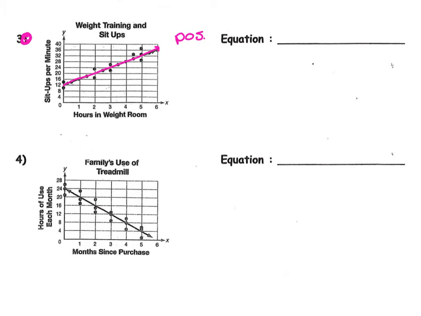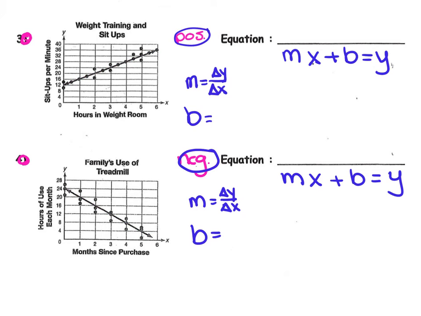But if you look at number 4, please be aware that you will have a negative slope. Let's start with number 3. Clearly, we can see that the intercept looks to be about a positive 12.